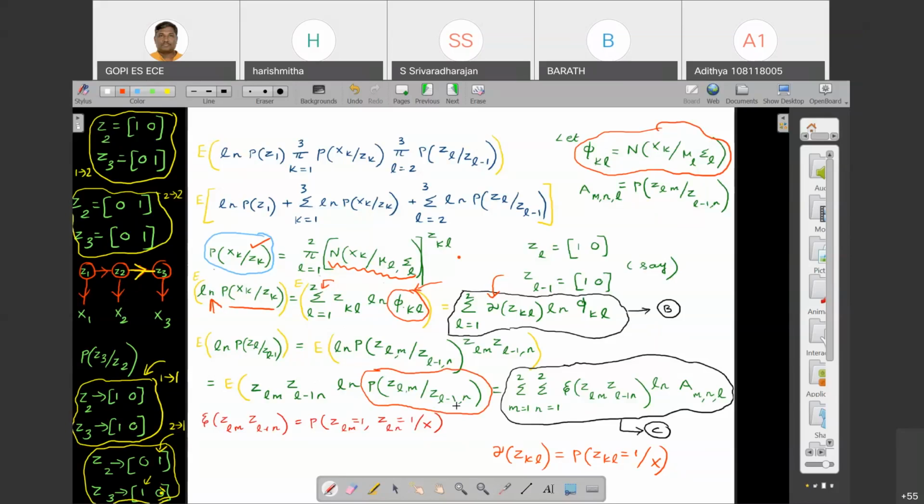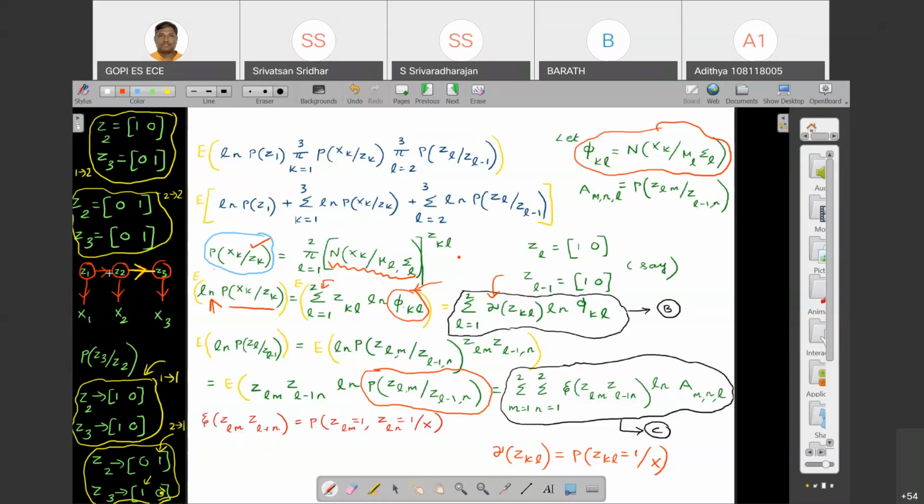L minus 1th state to the Lth state here, right? And then we have here this M and N, right? So these are all the M and N elements. You can see all possible combinations, right? So M and N actually describe the state, right? And L is the position here, right?